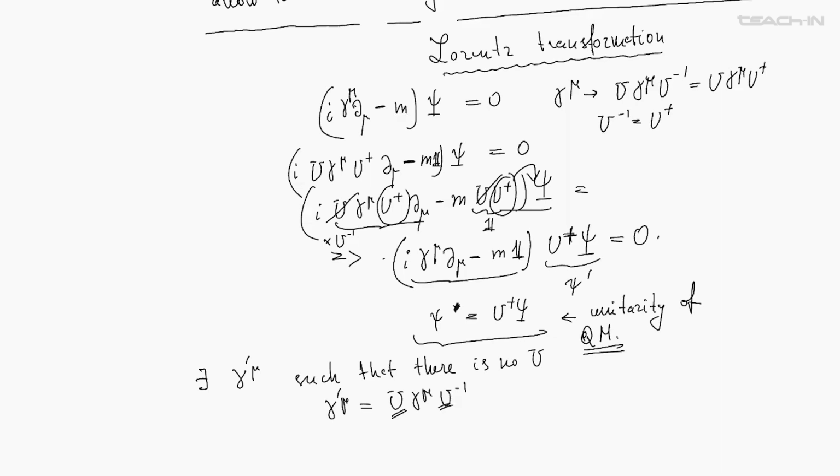There are no different classes you can construct. There is only one class, so all different representations of the Clifford algebra are always related by unitary transformation.